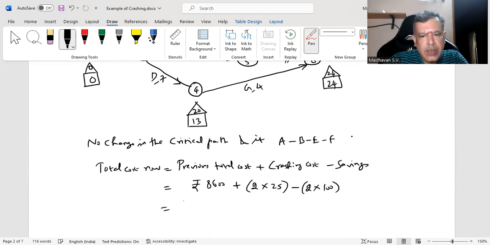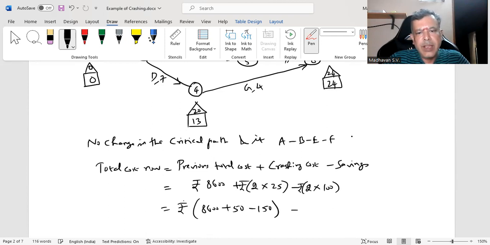So you landed up with, everything is in rupees, 8,600 plus 50 minus 200, sorry, this is 200. Means 150 is getting minused, so you get 8,450.